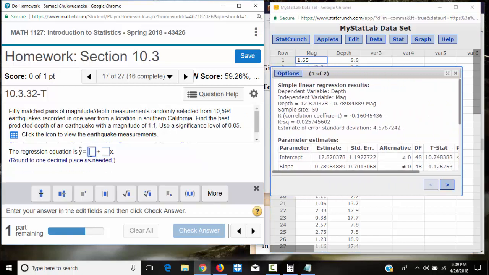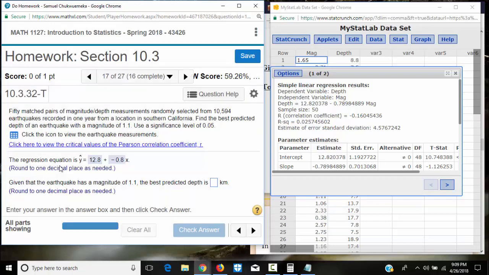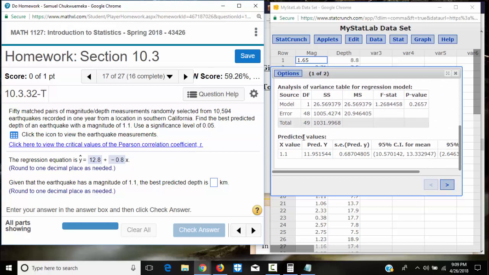So the regression equation, the y-intercept to 1 decimal place is 12.8. And the slope to 1 decimal place is negative 0.8. Then the best predicted depth for a magnitude of 1.1 is, to 1 decimal place as needed, so this is just 12.